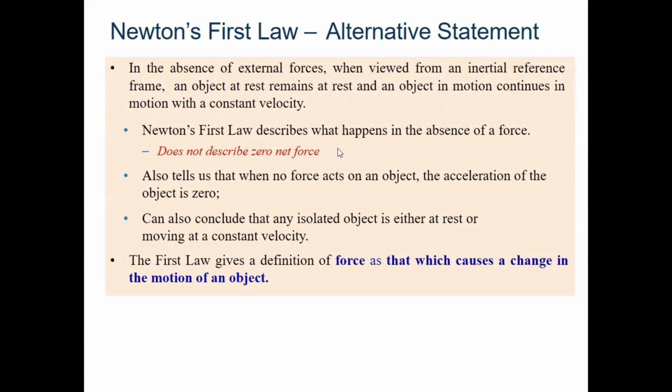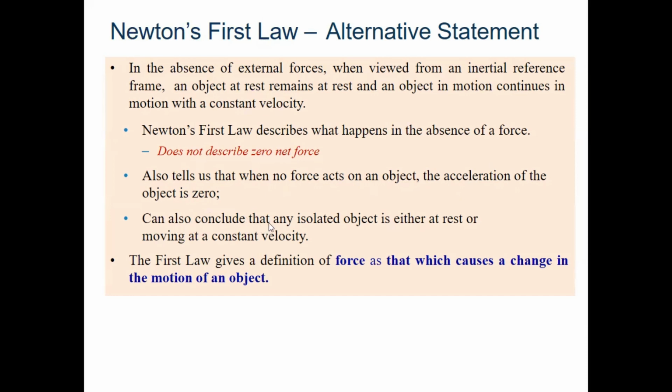So Newton's first law describes what happens in the absence of a force. However, it does not describe the zero net force. Also, it tells us that when there is no force acting on an object, the acceleration of the object is zero. It can keep its state as such.